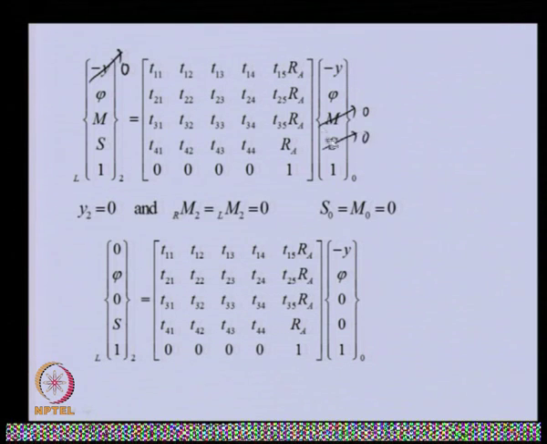So you can see this particular equation will take this form in which these two are 0 and this is also 0. Apart from this, at station 2, which is simply supported, the moment is also 0.